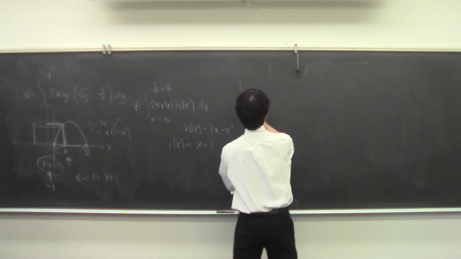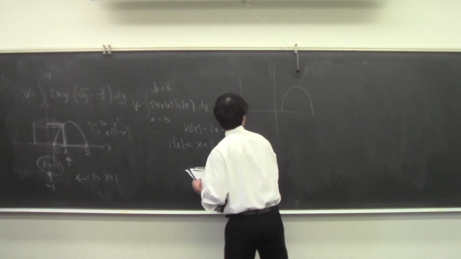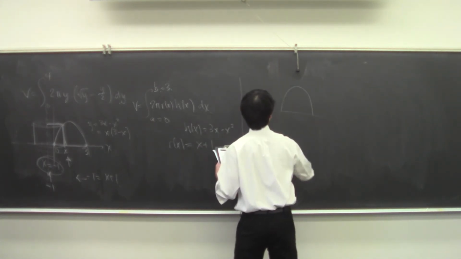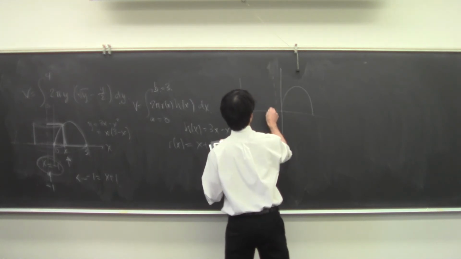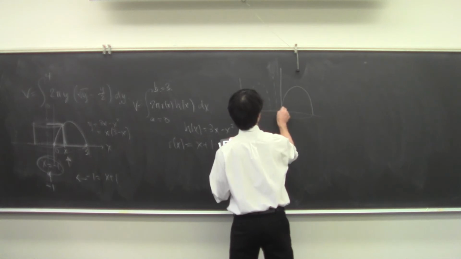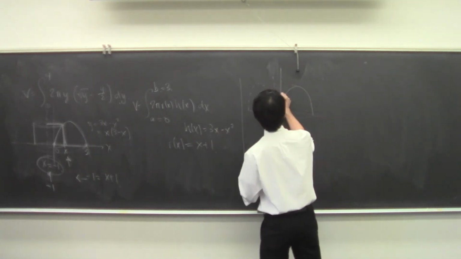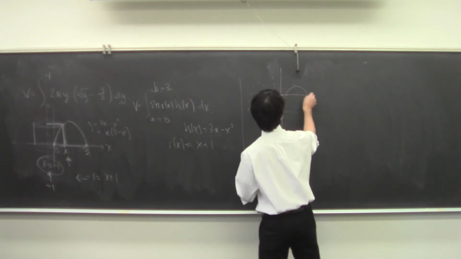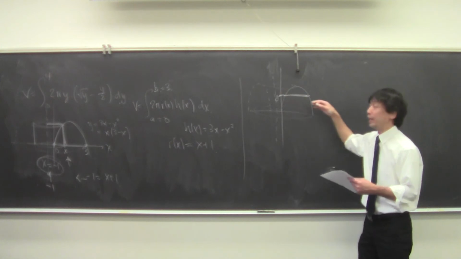Just for amusement, let's think about if we tried to do this using the method of washers. If we use the method of washers, well, then we're going to fix a height y, and we're going to take this thing and rotate it around.